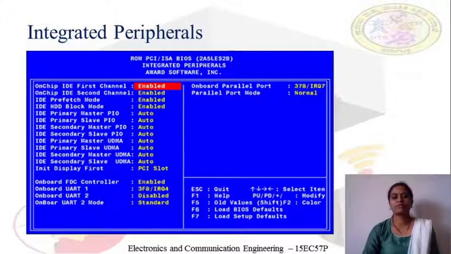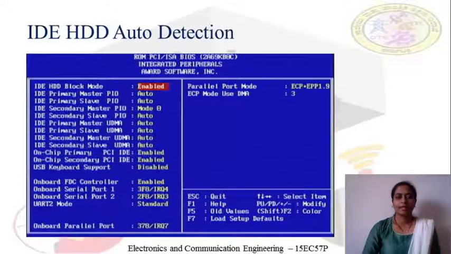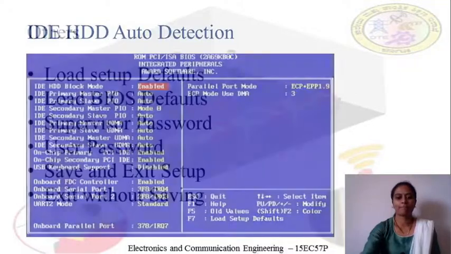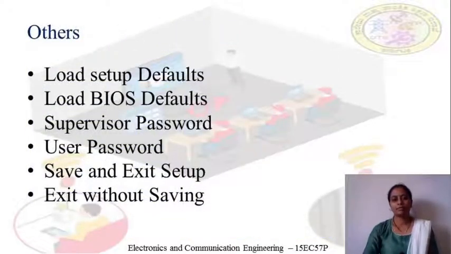It is used to enable and disable different built-in ports. Any settings related to the IDE, that is hard disk drive, will be performed in this tab. And the other options available are you can load the setup defaults, or you can load the BIOS defaults, or you can change the password.